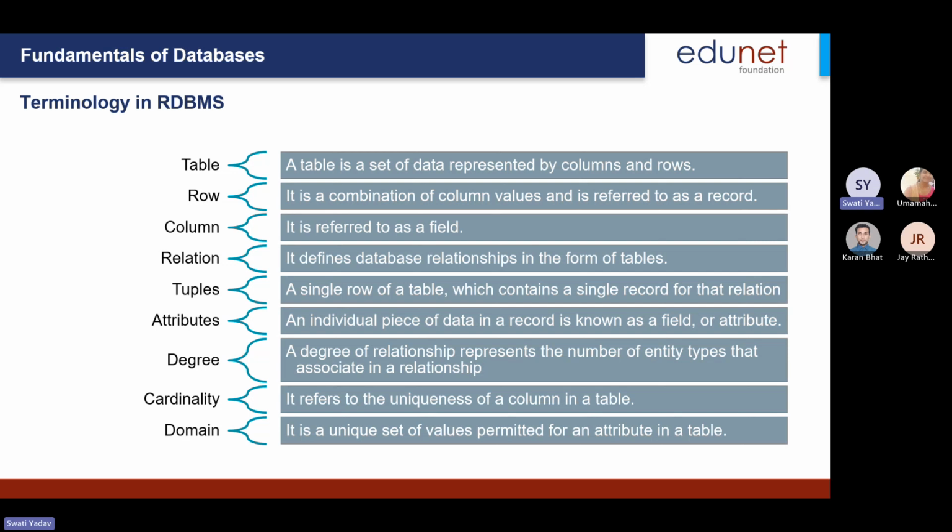Schema is the database. Schema is not a table. When you create a database, that is your schema, the structure that you are giving to it. Then a row is a combination of all the column values. So suppose in your table, it's like 10.